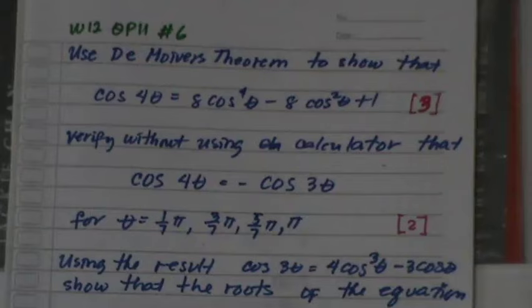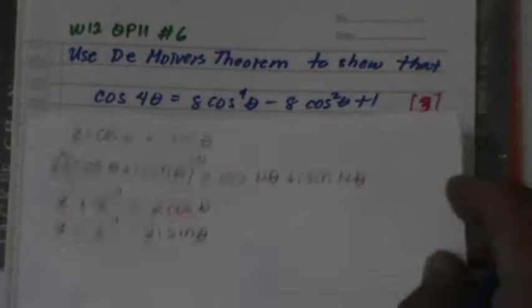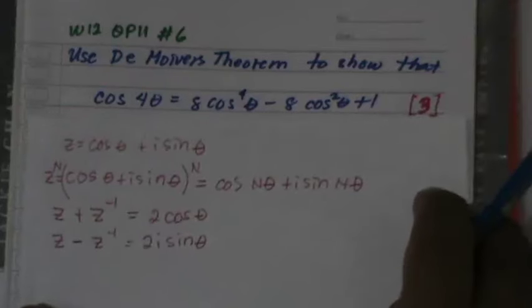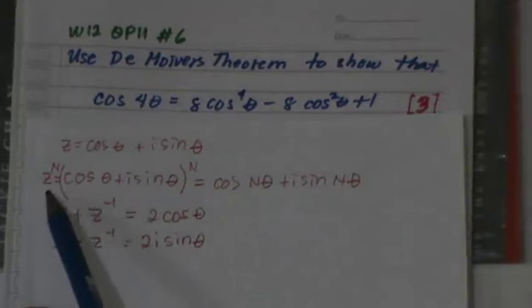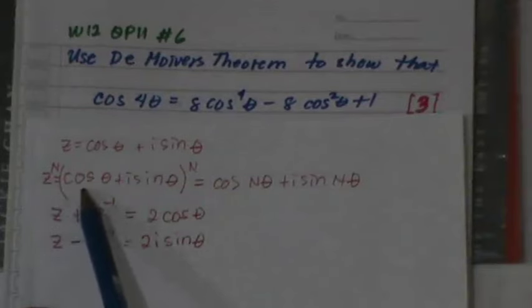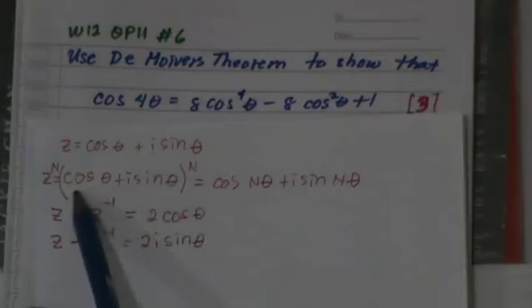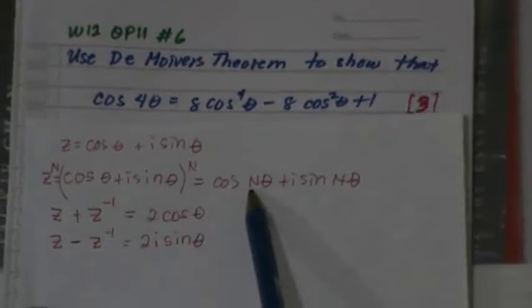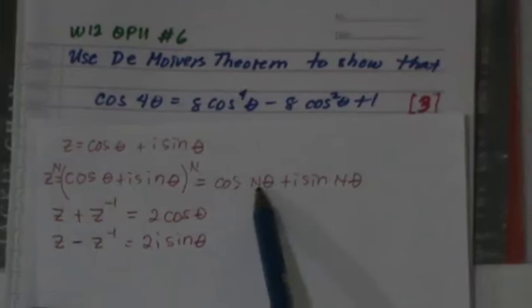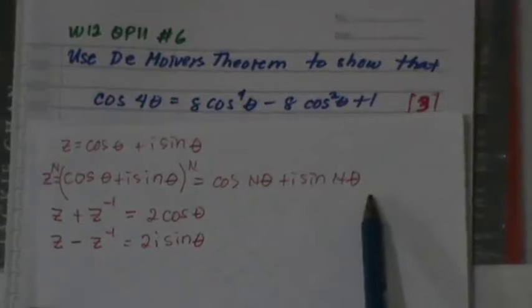What we're going to do is look at this summary that I have. According to De Moivre's theorem, if you have z to the n, where z is cosine theta plus i sine theta, then z to the power of n is equal to cosine of the power times the angle plus i sine of the power times the angle.